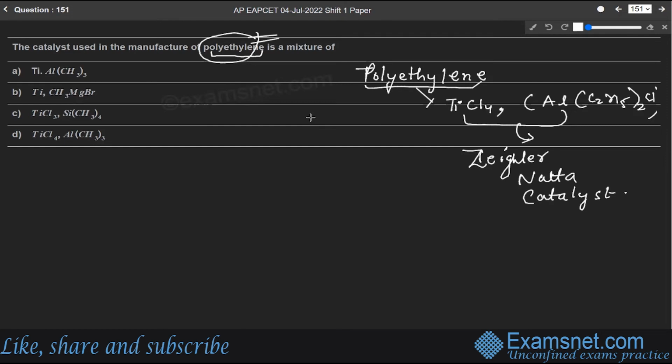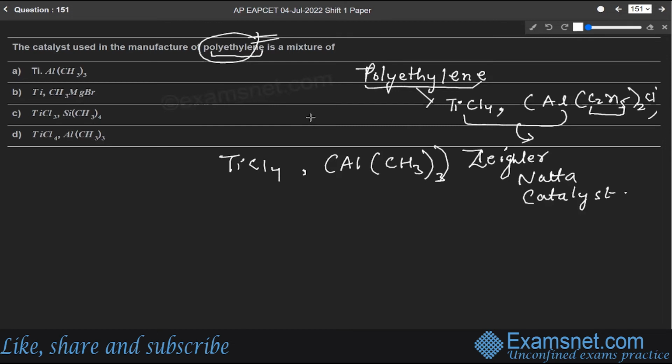Right now they have given us polyethylene, so that would be used as CH3. For ethylene they said the option should be C2H5, but that's not given. So we can even get this TiCl4, just replace this with Al, and the C2H5 would be replaced with CH3, basically Al(CH3)3. So which option is matching? This is the Ziegler-Natta catalyst.